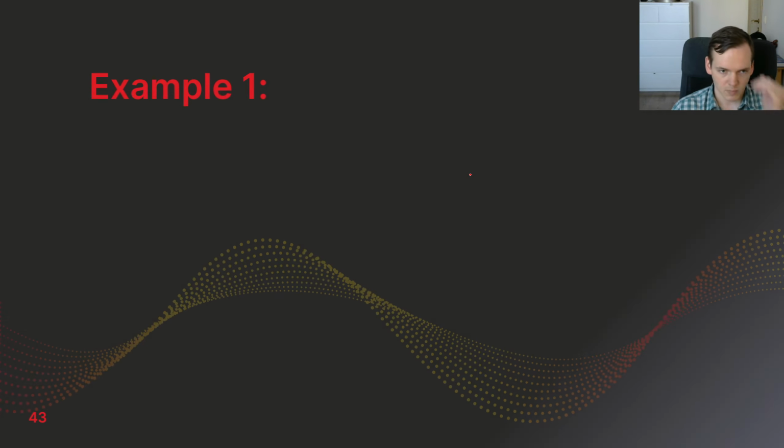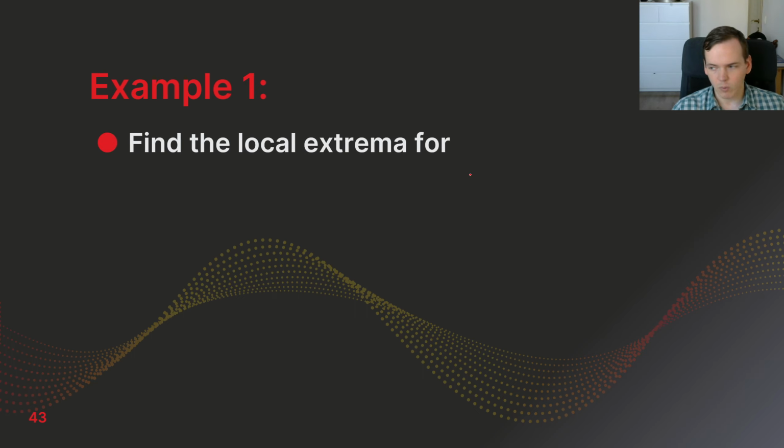For our second example, we're going to find the local extrema for the function x cubed plus xy equals negative 2. So first we need to find the derivative.